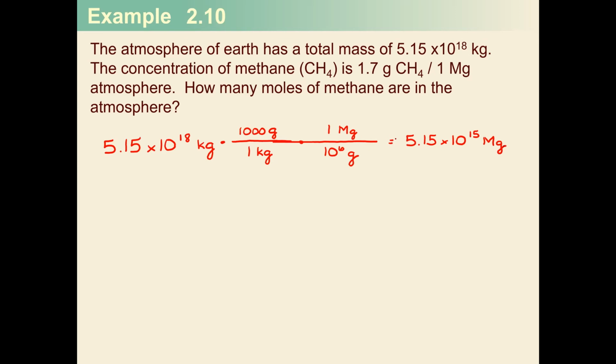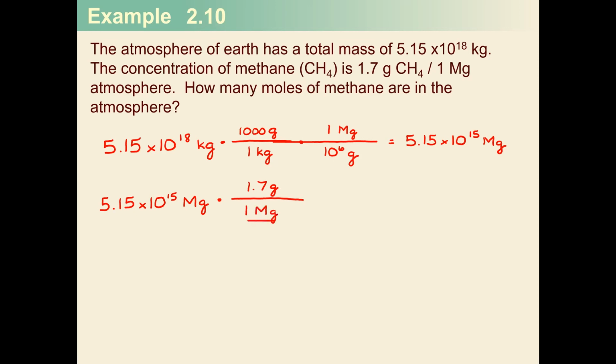So now that I have my units in megagrams, I can go and calculate by a simple unit conversion just exactly how much methane is in here. So if I go and say 5.15 times 10 to the 15th megagrams, I will multiply that and say that I get 1.7 grams for every 1 megagram.